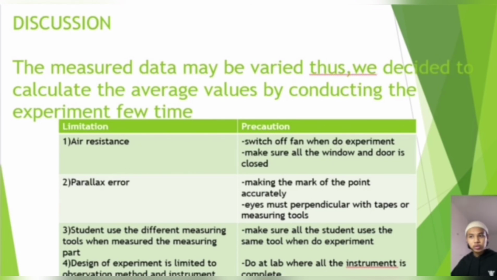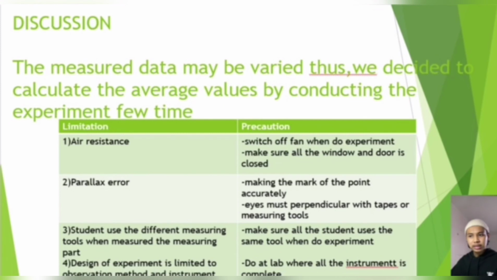Third, students used different measuring tools when measuring. Make sure all the students or group members use the same tools when doing the experiment. The fourth is the design of our experiment or how we conduct the experiment.